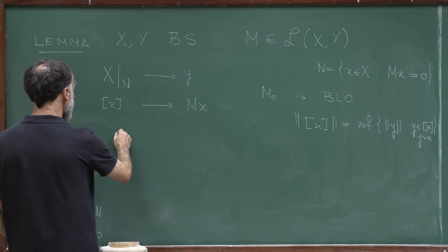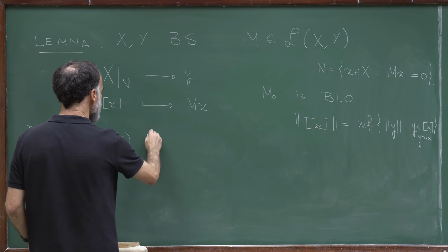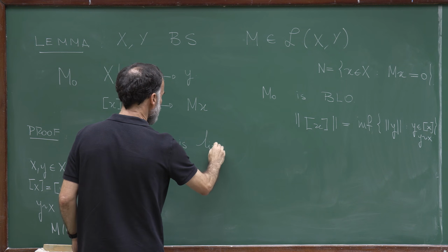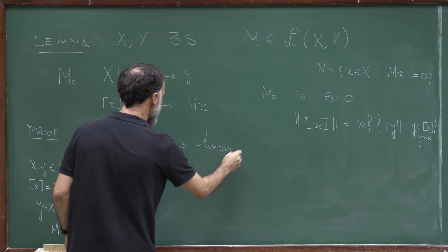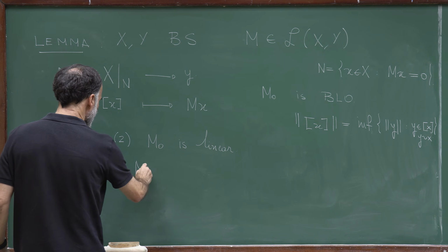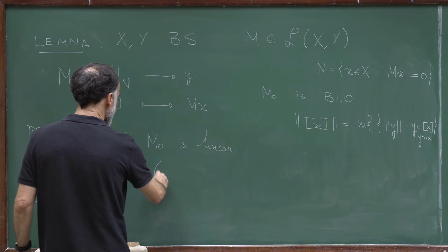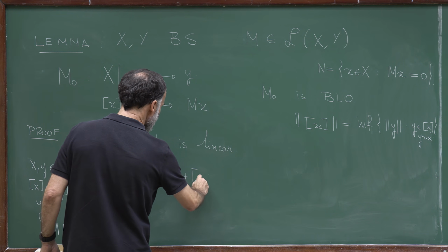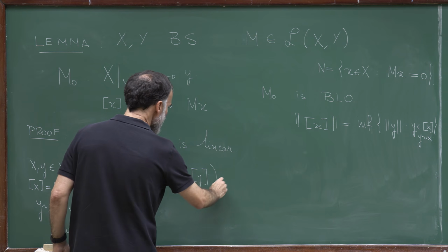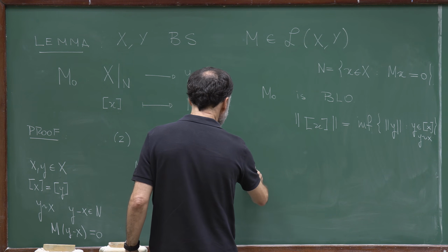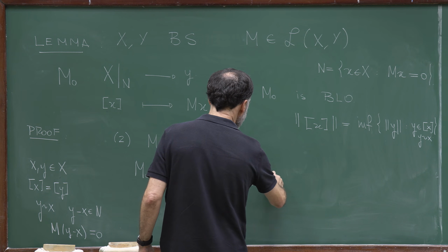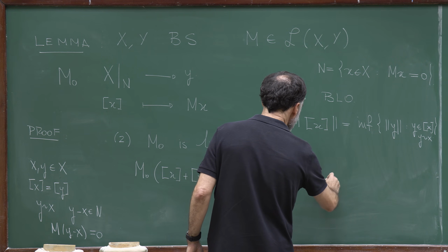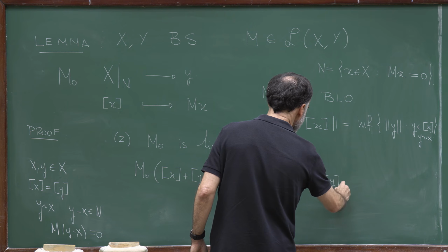So M0 is well defined. Now my second claim is that M0 is linear. So let me show that M0 of the sum of two elements is equal to M0 of the equivalence class of x plus M0 of the equivalence class of y.